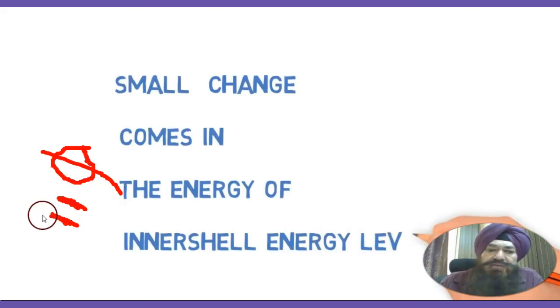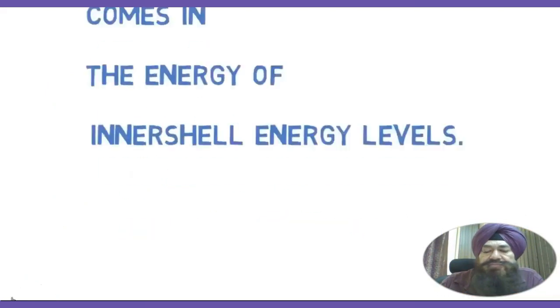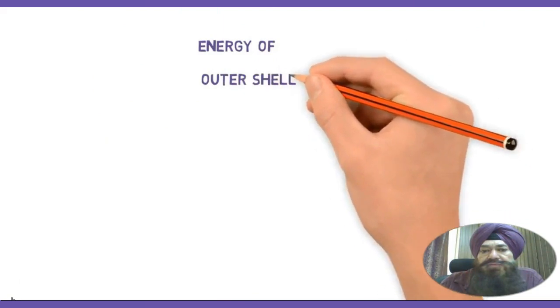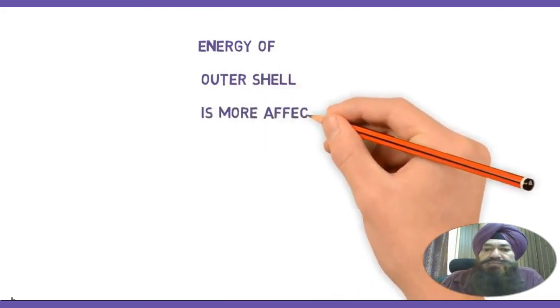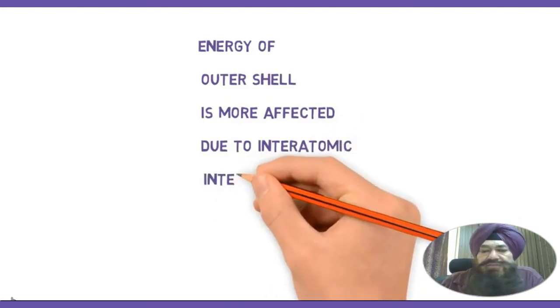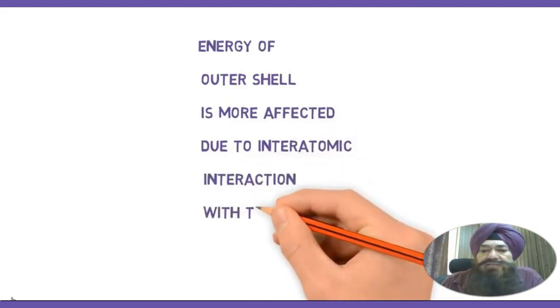So inner ones are not much affected, the outer one is more affected. So the energy of the outer shell is more affected due to the interactions as compared to the inner shells.